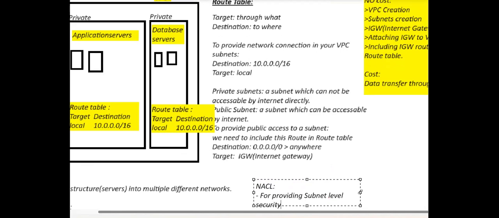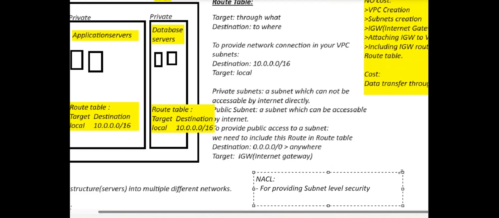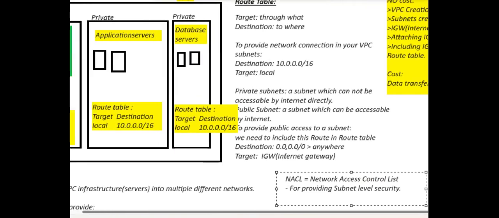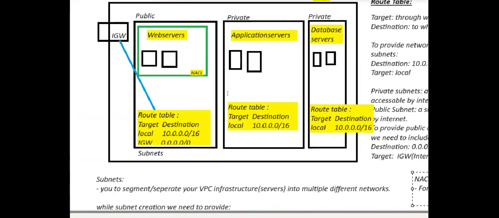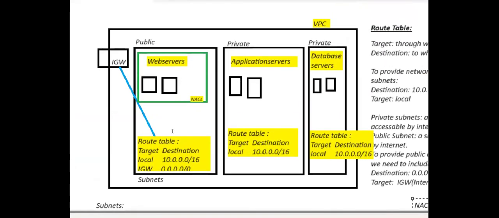What does this NACL stand for? This NACL stands for Network Access Control List. By using this only, you can provide security at the subnet level.